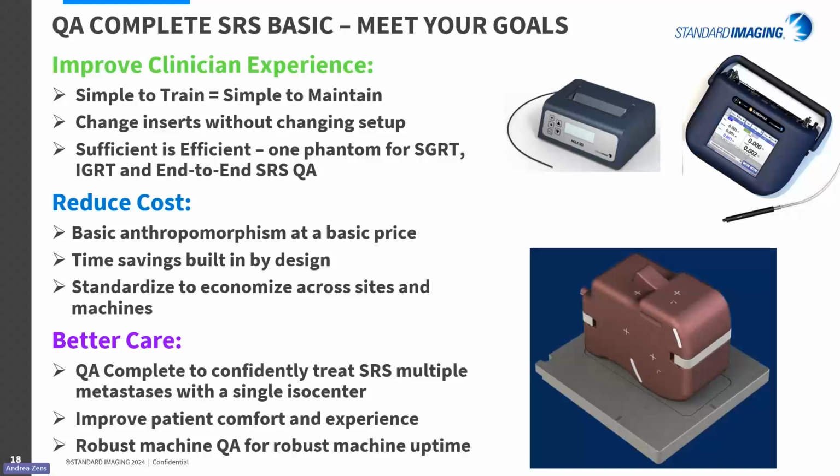Don't overcomplicate matters when you don't need to. Stereotactic is challenging enough. And what is reliable and repeatable is robust. So you can simplify to standardize across Linux and hospital networks very easily with these dosimetry and phantom tools.